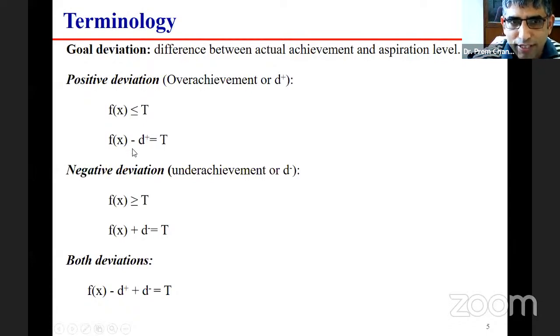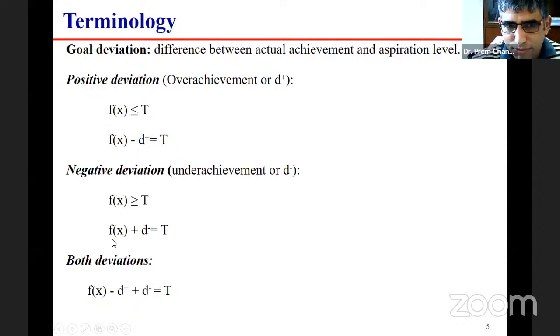Suppose my target is 1 lakh rupees. I have achieved 1.1 lakh rupees. So 10,000 rupees I have to subtract from my left hand side so that the equation is formed.